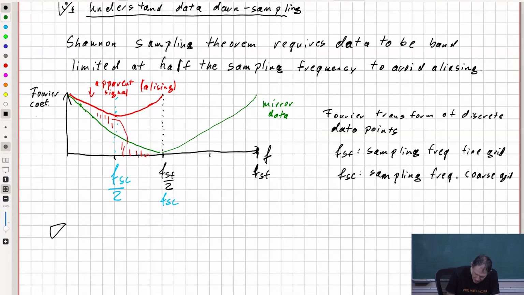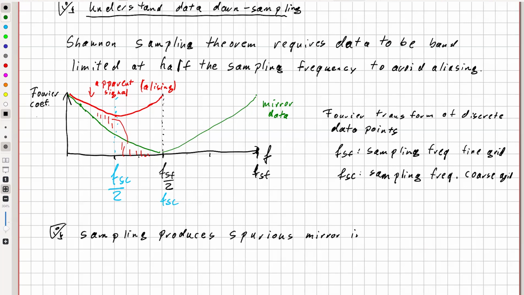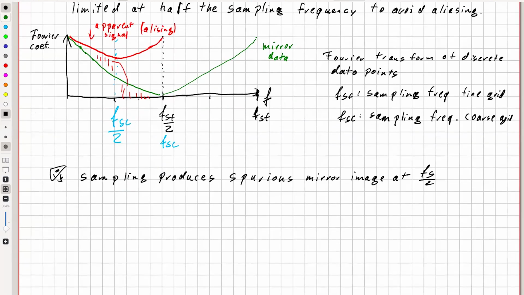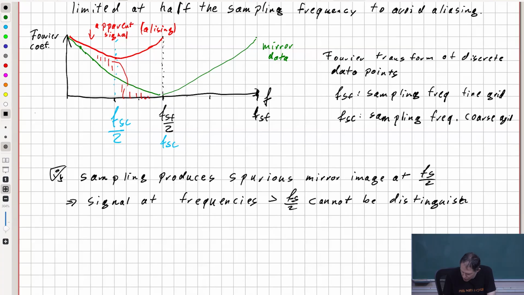So now this sampling produces this spurious mirror image at Fs half, meaning that the signal at frequencies larger than half the sampling frequency cannot be distinguished from lower frequencies.